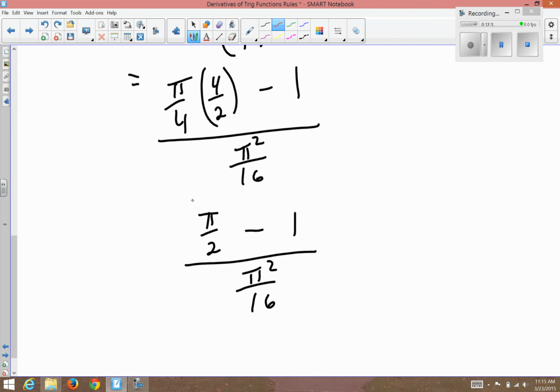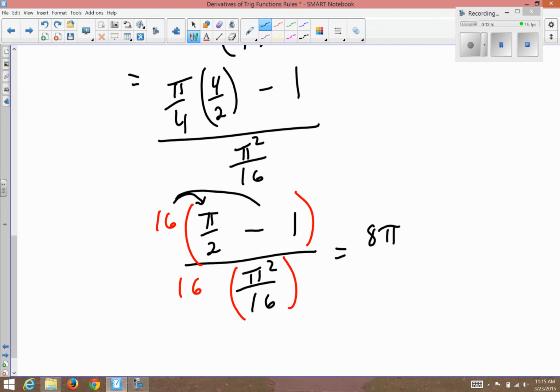And we can multiply this numerator by 16 if we want to, as long as we multiply the denominator by 16. 16 times pi over 2 is 8 pi. 16 times negative 1 is negative 16. And 16 times pi squared over 16 is just pi squared.